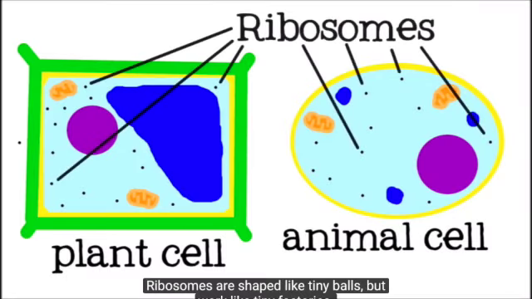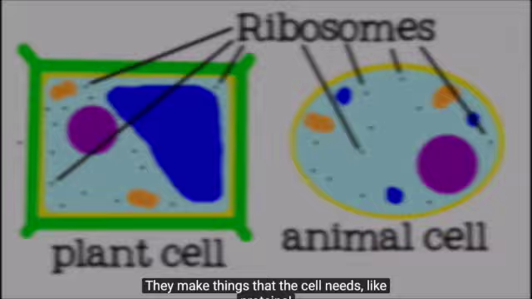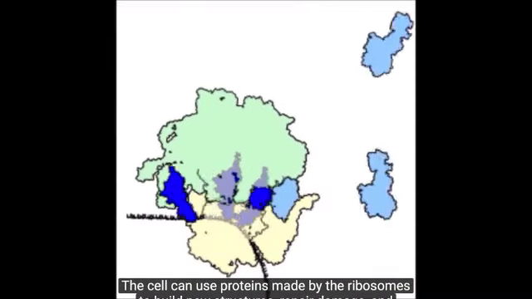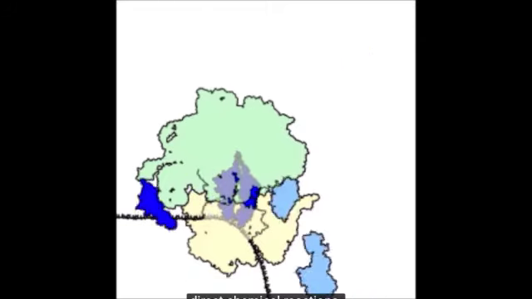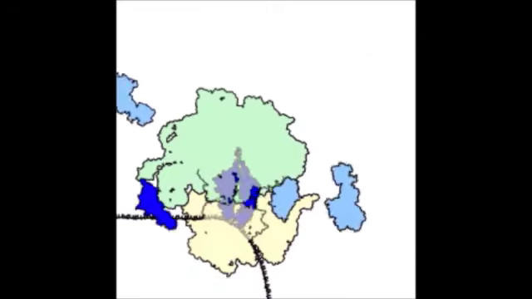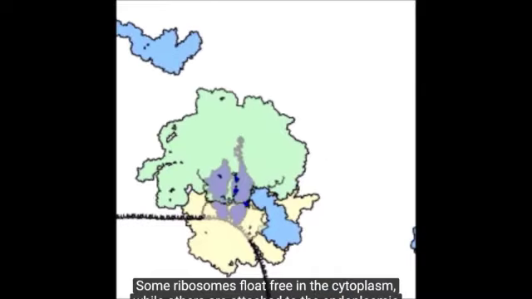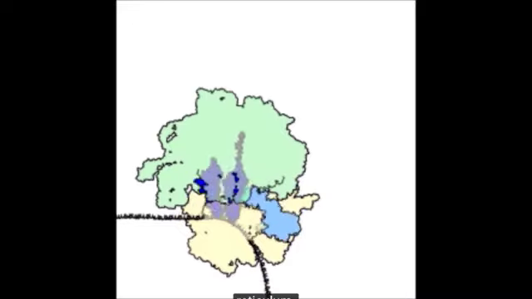Ribosomes are shaped like tiny balls but work like tiny factories. They make things that the cell needs, like proteins. The cell can use proteins made by the ribosomes to build new structures, repair damage, and direct chemical reactions. Some ribosomes float free in the cytoplasm, while others are attached to the endoplasmic reticulum.